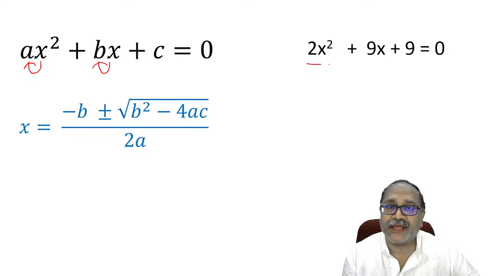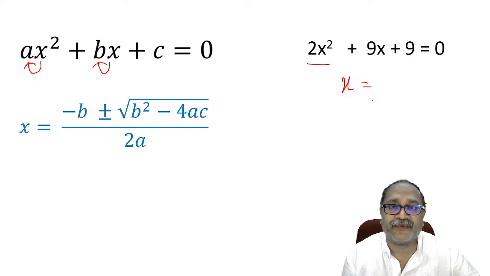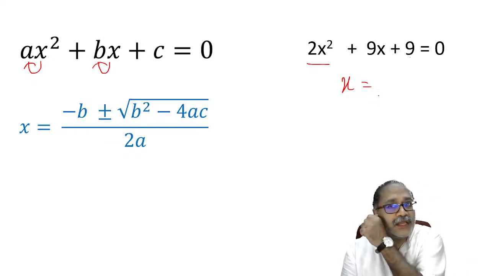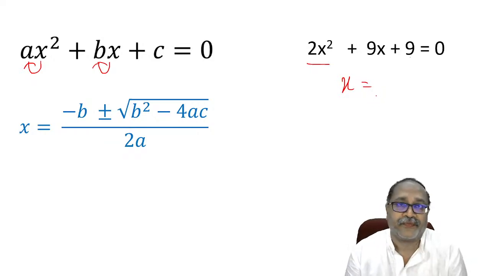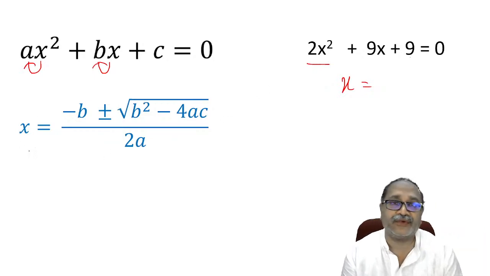Usually we get it in this format: 2x square plus 9x plus 9 is equal to 0, and here we need to find out the value of x, and most often we get the value of x as two values. So one of the easiest ways is to use the formula.